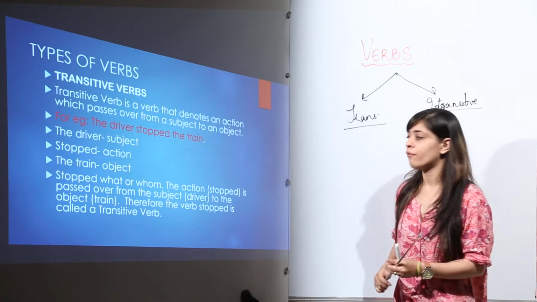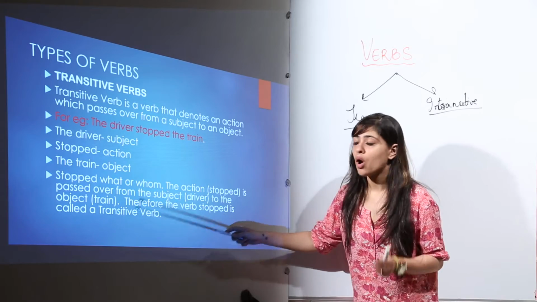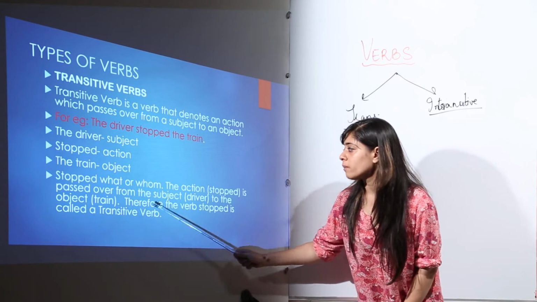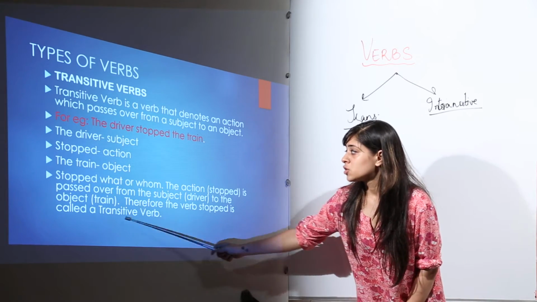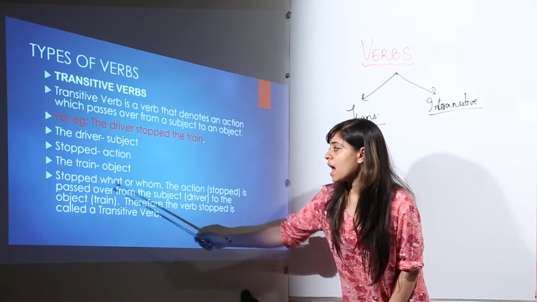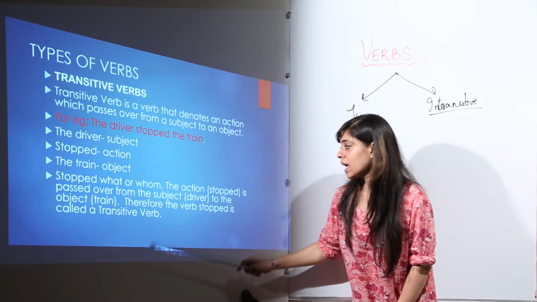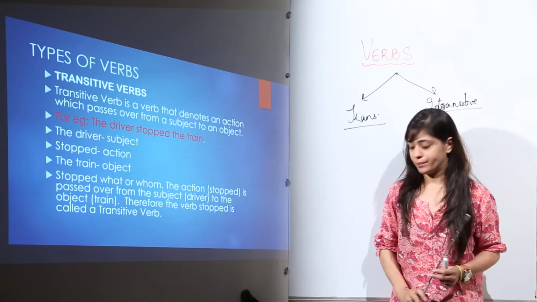So we ask, stopped what or whom? The action stopped is passed over from the subject, the driver, to the object, the train. Therefore, the verb stopped is called a transitive verb.